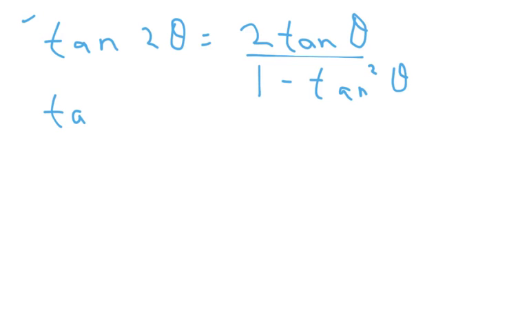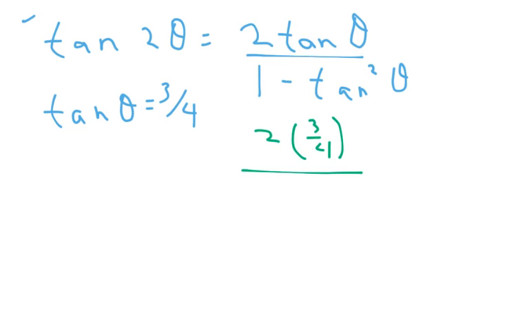So let's write that again. Tan of theta is 3/4. So you just plug everything in. You're going to have 2 times 3/4 over 1 minus 3/4 squared. Again, you can erase this square, and this is what basically it really means.